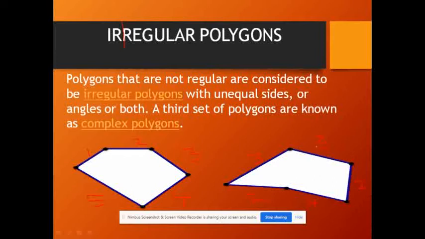So I hope you understand the regular and irregular polygon. Regular and irregular are based on the angles and sides of the polygon. Concave and convex are based on the internal or interior angle of the shapes.